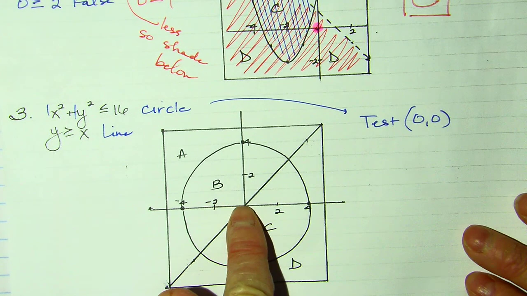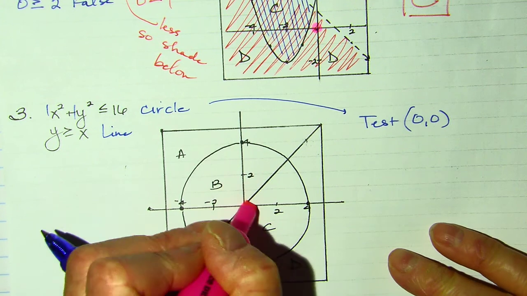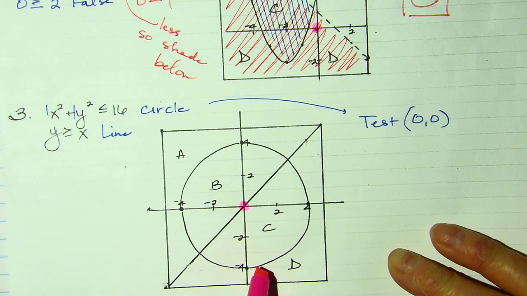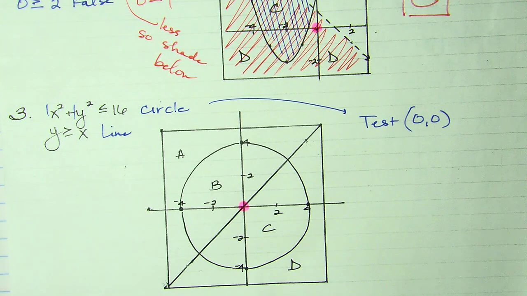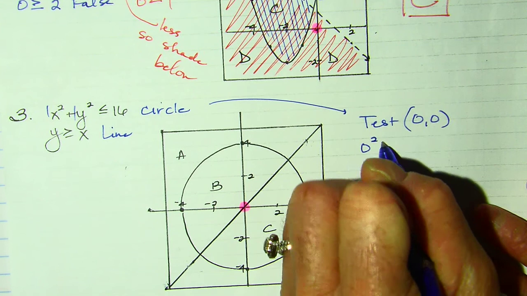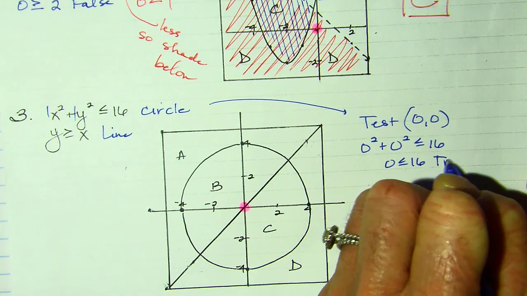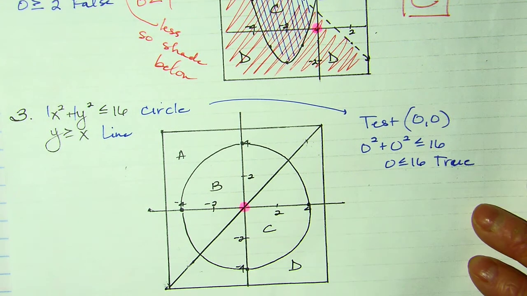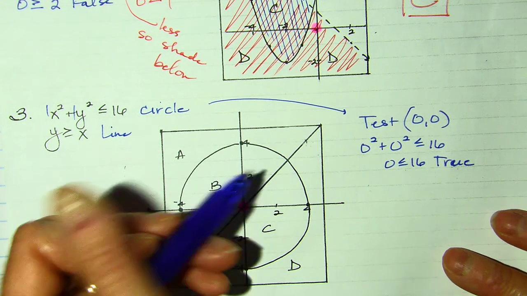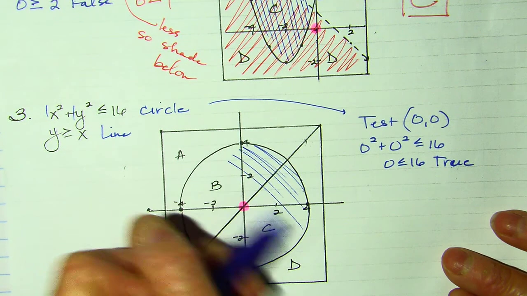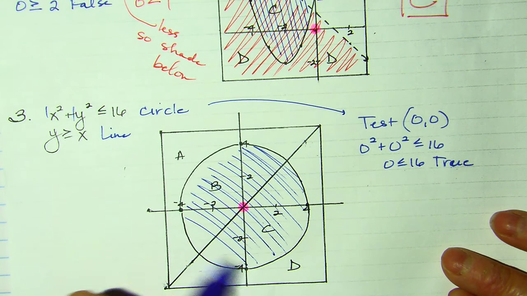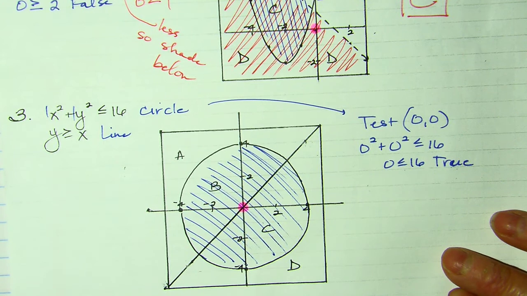If 0 is true, then I'm going to shade inside the circle. If 0 is false, I'm going to shade on the outside of my circle. So is 0 squared plus 0 squared less than or equal to 16? That is true. So I'm going to shade on the inside because I just found that that point works.